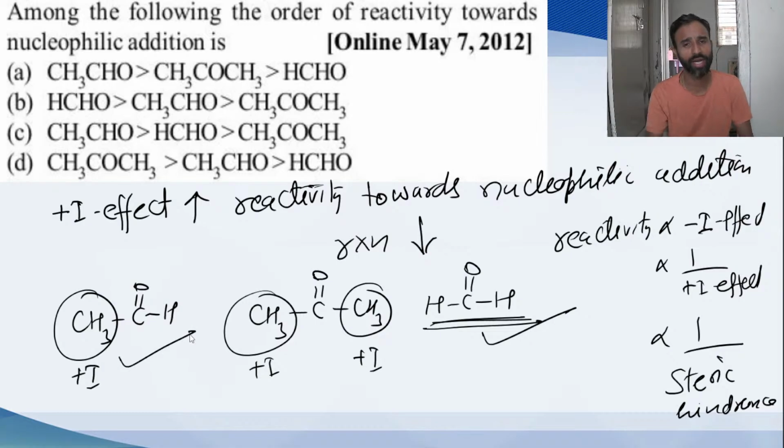Then acetaldehyde, and at the end acetone. That means B is the right option. Plus I effect is maximum in acetone, and steric hindrance is also maximum in acetone. That's why it is least reactive towards nucleophilic addition.